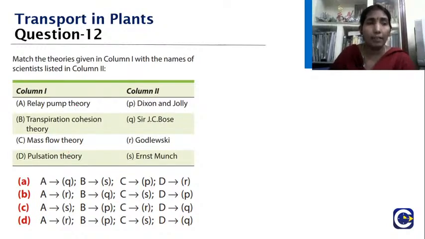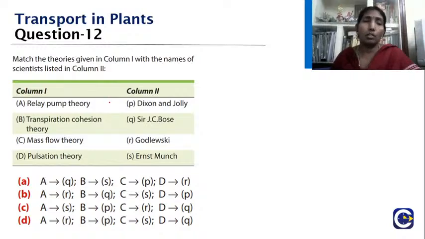So here a lot of theories are given. What are the theories? We have the relay pump theory, the transpiration cohesion theory, mass flow theory, pulsation theory. And here we have our honorable scientists, Dixon and Jolly, Sir J.C. Bose, Godlewski, Ernest Munch. So we are going to match the correct name and theory of these people.